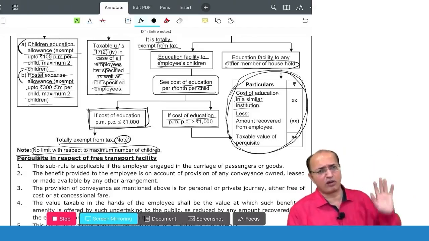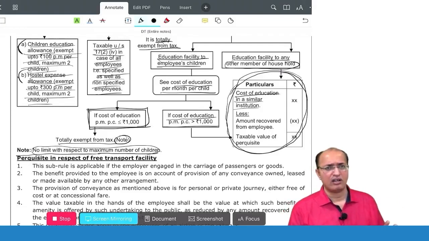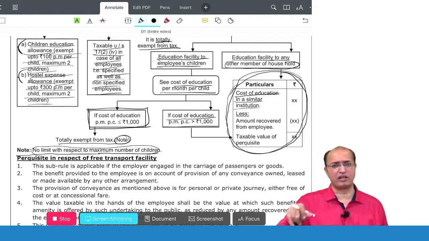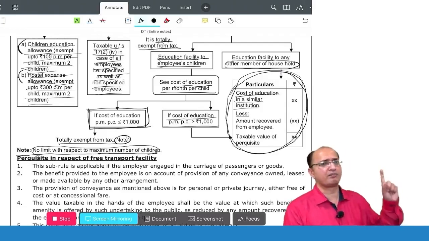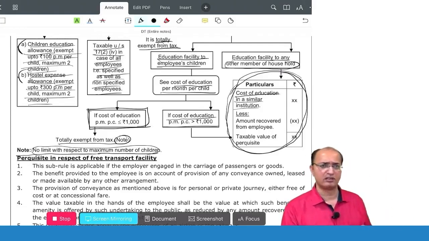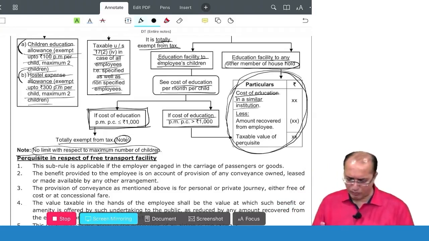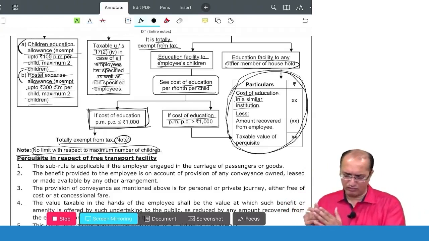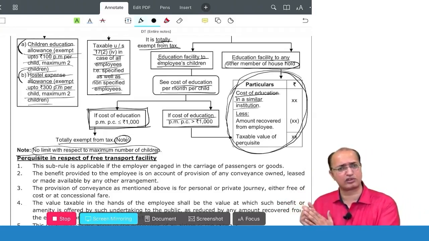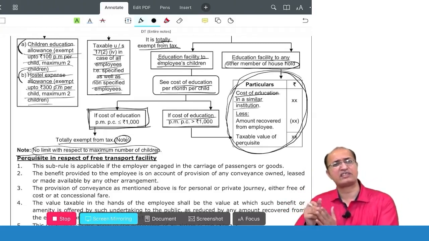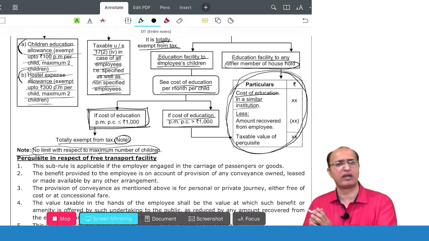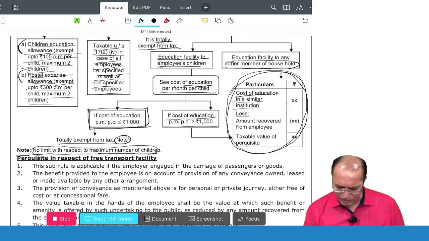Don't compare with other localities. If the employee's child has been provided education facility in the city of Chennai, you can't compare with schools in Mumbai. They are not comparable. So in the same locality, you see which other educational institutes are there and what fees they are charging for the same education. You take that fees.